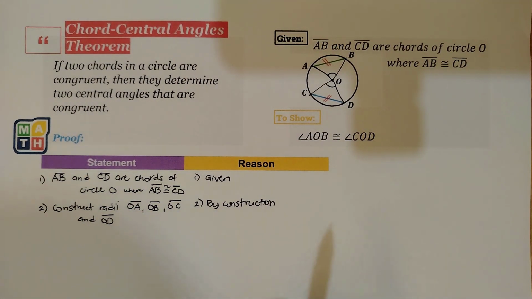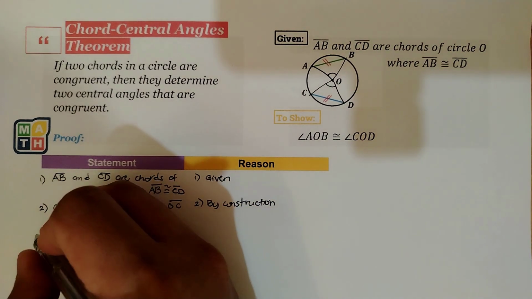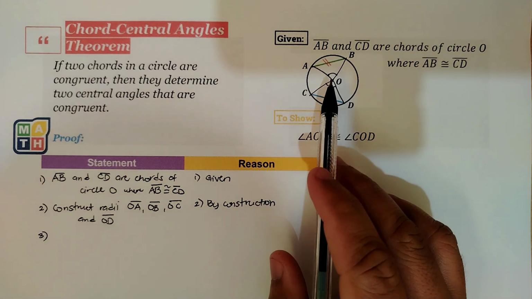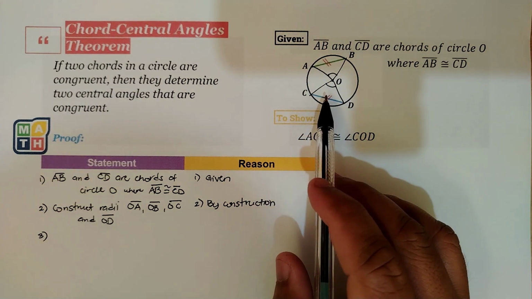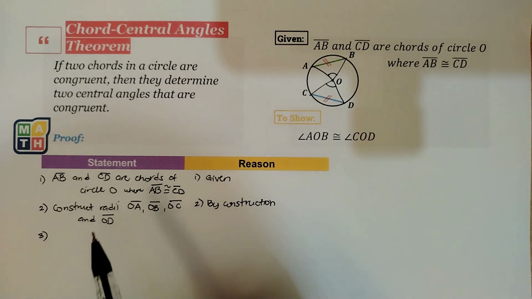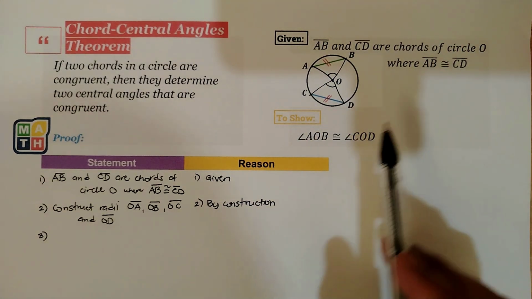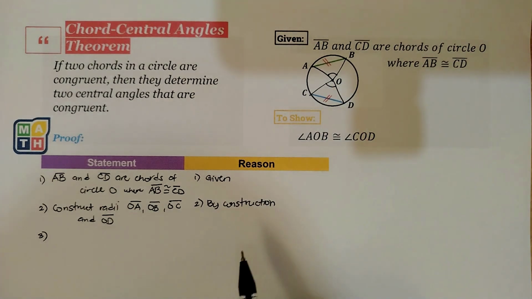Now with that, our goal is this. So let's have this third step. The third step now is, since we have two triangles, we are going to establish that the two triangles formed by step 2 in the given are congruent, so that we could apply the same concept with the central angles developed here.